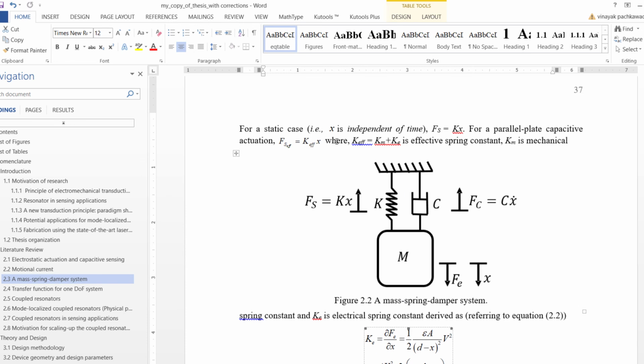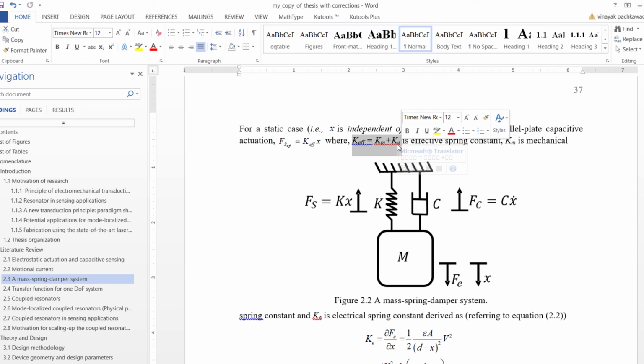If Ke has a negative effective value, the effective spring constant goes down. Originally, let's say it was 10 Newton per meter, and the electrical spring is now 1 Newton per meter, but it has a negative effective value, so it is minus 1 Newton per meter.